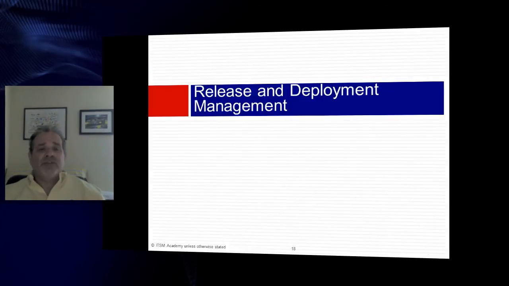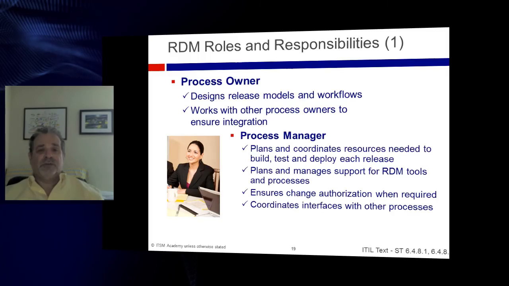Next, we have release and deployment management, and this is that process where it's that last set of eyes that's going to check what's going to be put into the live environment. So we use release and deployment as kind of a check on what's happened in change, and change authorizes everything that release and deployment is going to do. We have a process owner and we have a process manager.